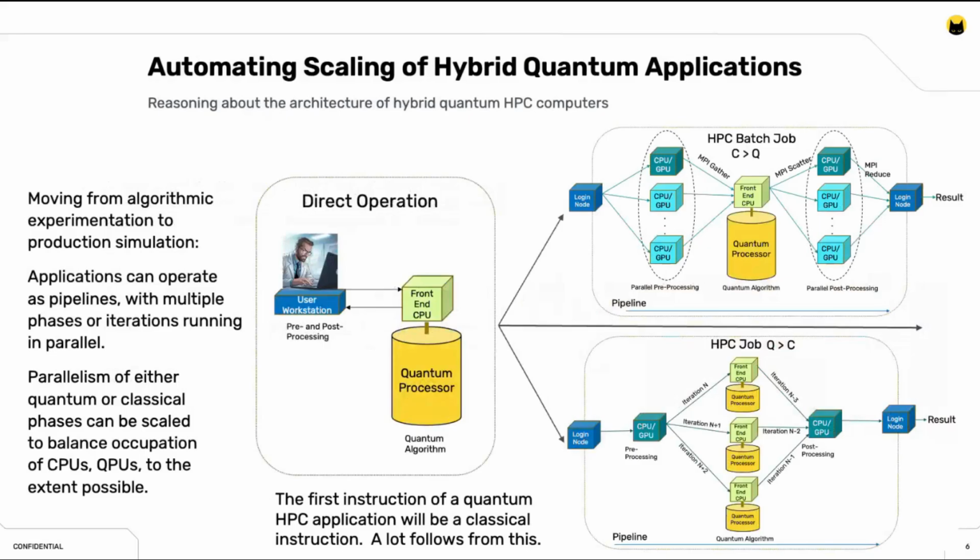So some folks have seen variations on this slide before, but it's sort of a first step in thinking this stuff through, and this is going back months and months. The notion is that today we're essentially operating, or fantasizing that we're operating, a quantum processor directly from some kind of workstation, which may have GPUs.